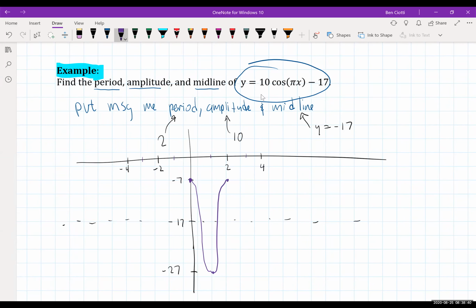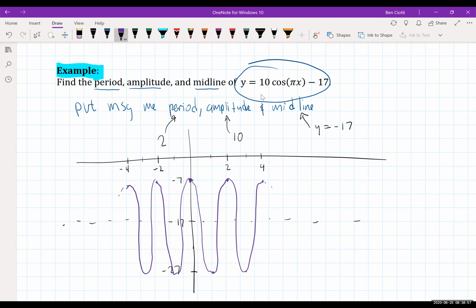There I've got one period of the graph. Similarly, we'll do that periodically. So there's a graph of that function.